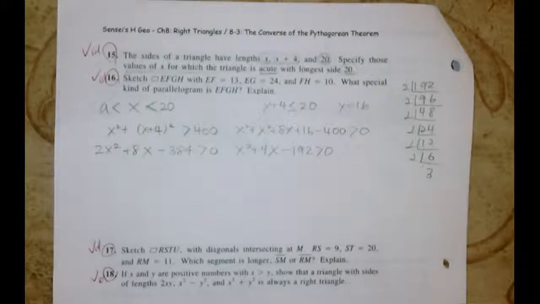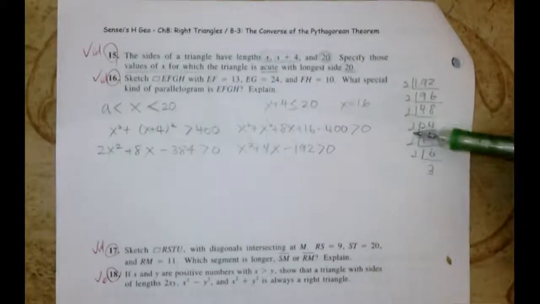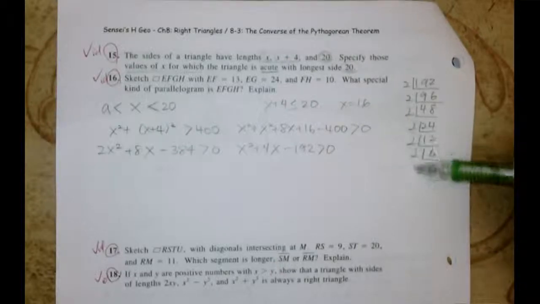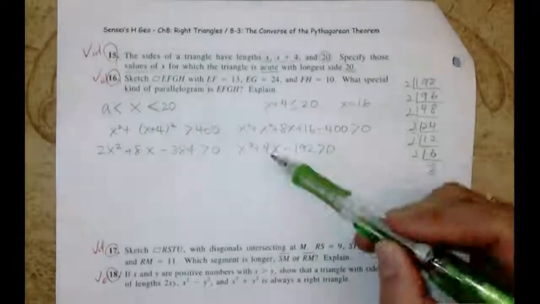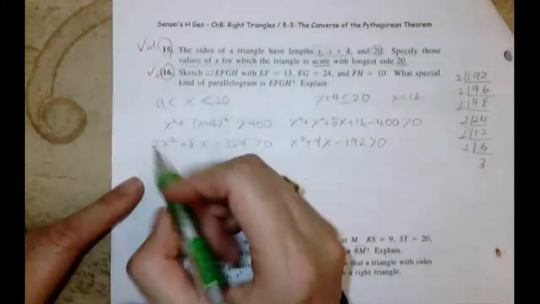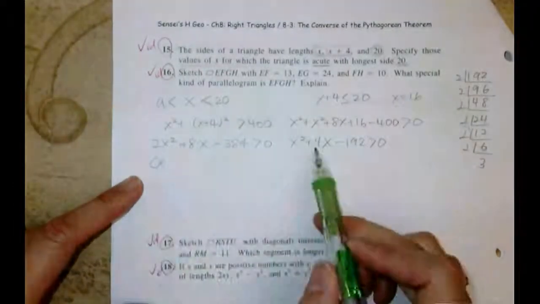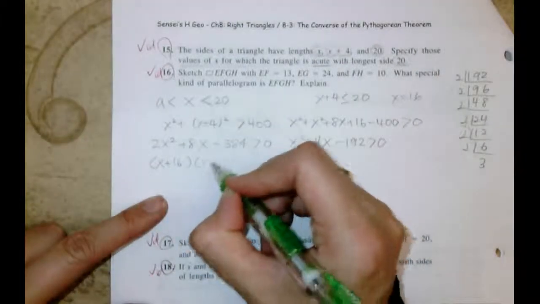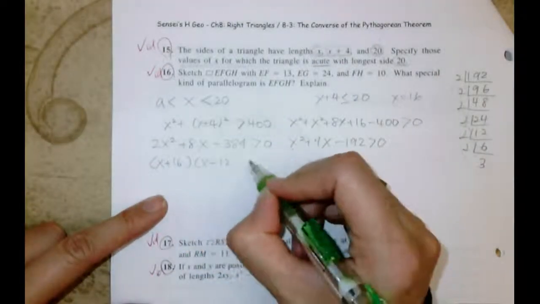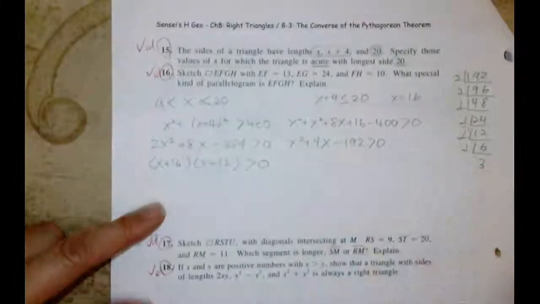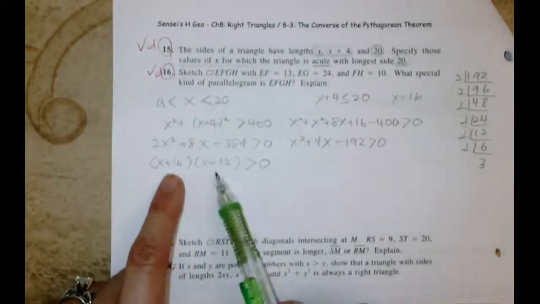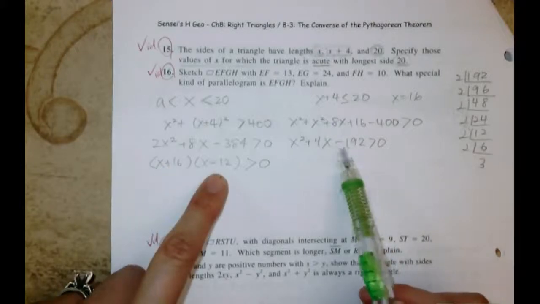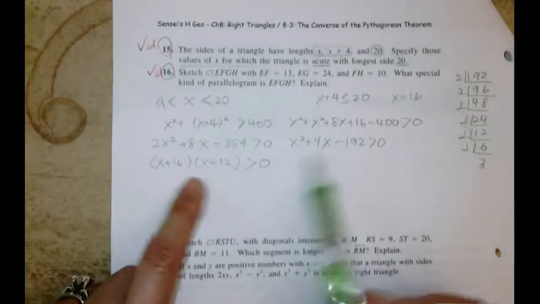And you want a difference of 4. So how about 4 twos is 16 and 4 times 3 is 12, so that would work. So that means x plus 16, since that's positive, and x minus 12 is greater than 0. Okay, so you multiply 16 and 12, you're going to get negative 192, and the difference is positive 4.